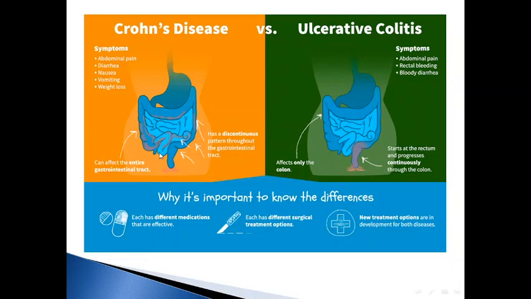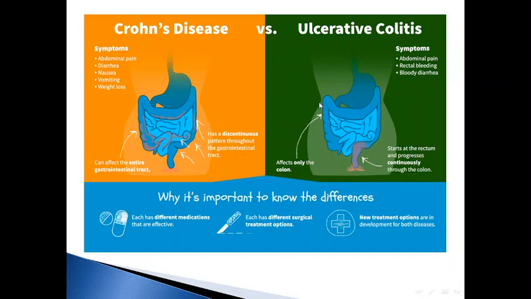For the pattern of progression, Crohn's disease has a discontinuous pattern through the GI tract, meaning that it affects some segments and spares others, in comparison to ulcerative colitis, which has a continuous pattern starting from the rectum and progressing through the colon.